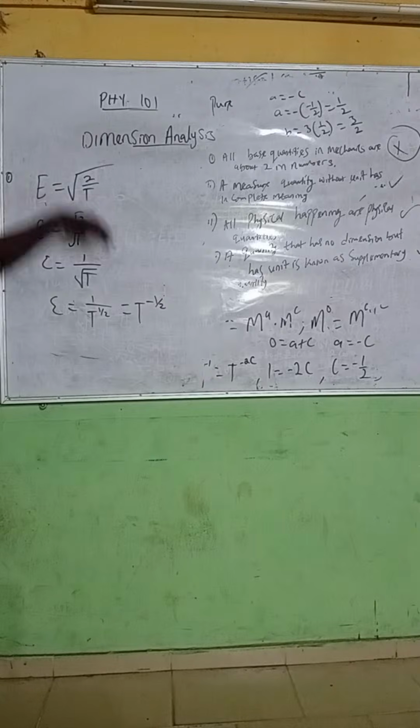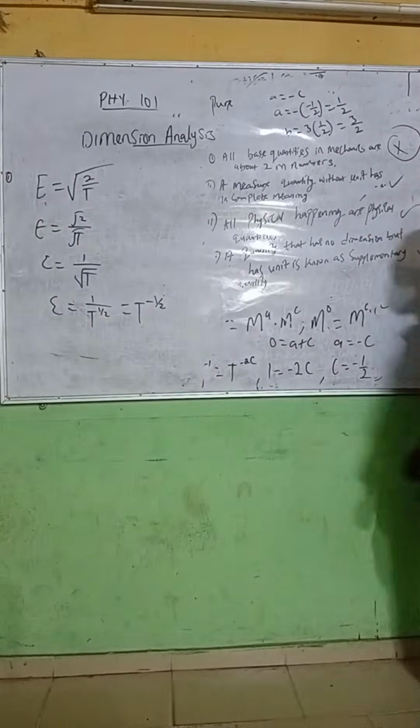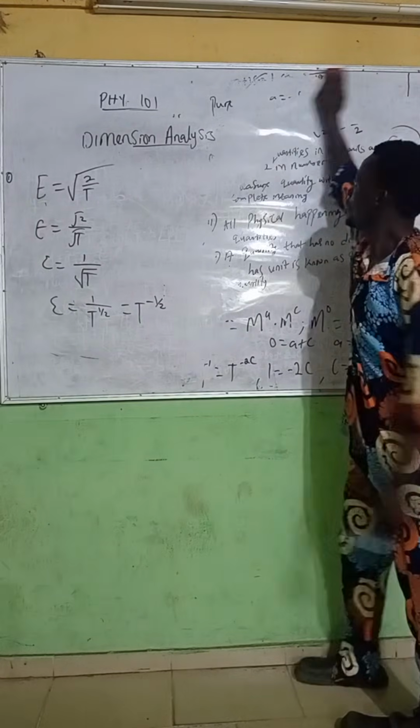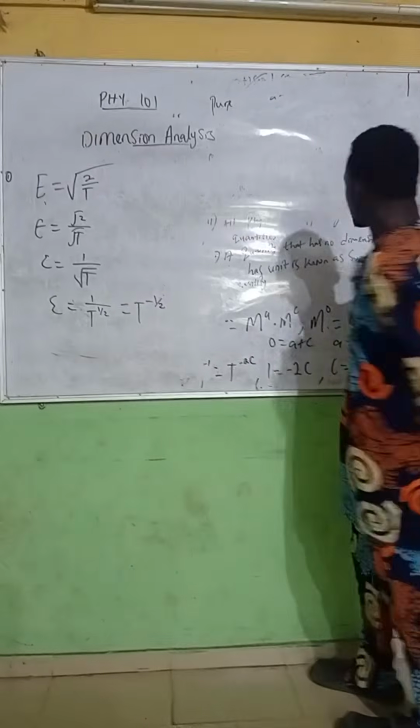So this is what you get: T raised to power minus half. You can even consider the 2 again, just 1, to be mathematically valid as well.